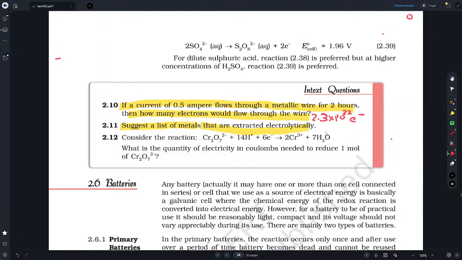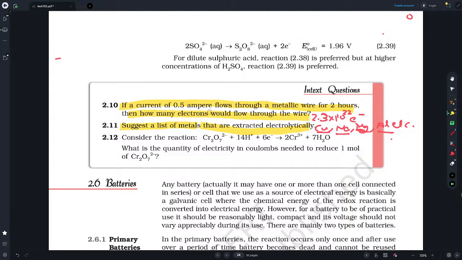We can take the example of copper, sodium, magnesium, aluminium, etc., industrially. Copper is extracted from impure copper in copper sulfate, sodium from sodium chloride, sodium and magnesium from fused chlorides, and aluminium from aluminium oxide, Al2O3.